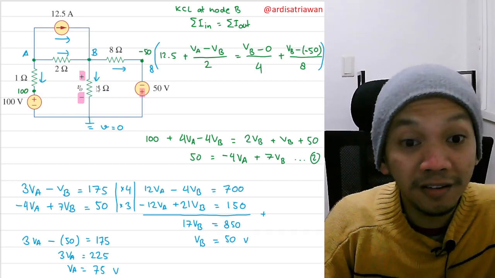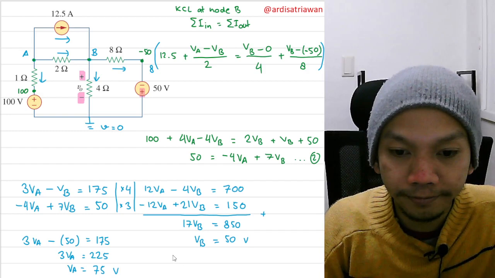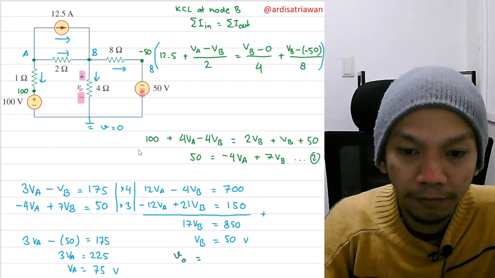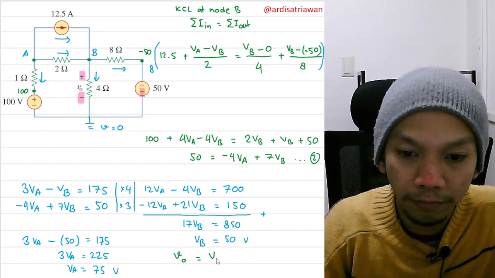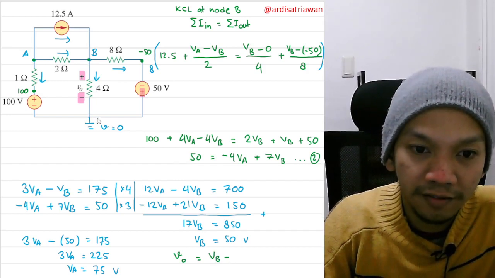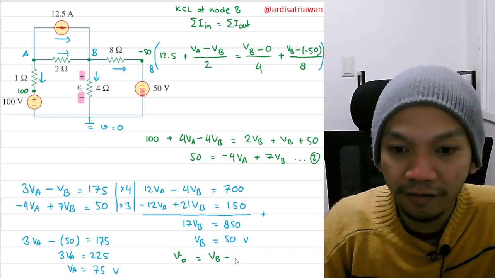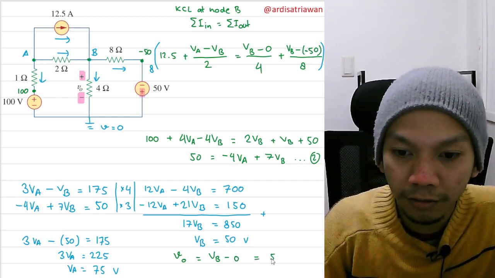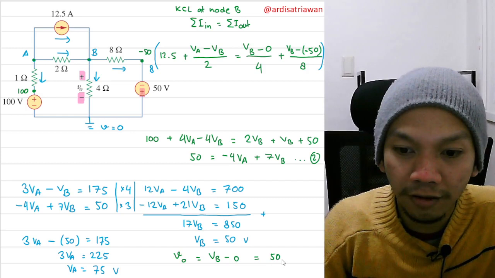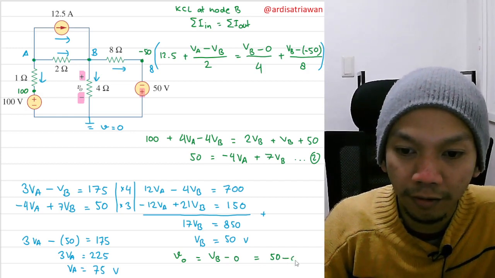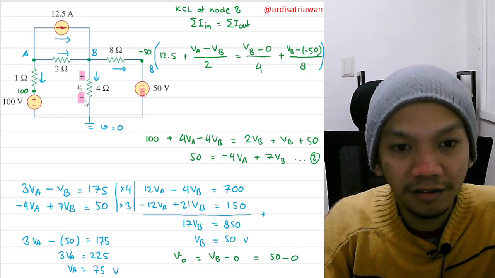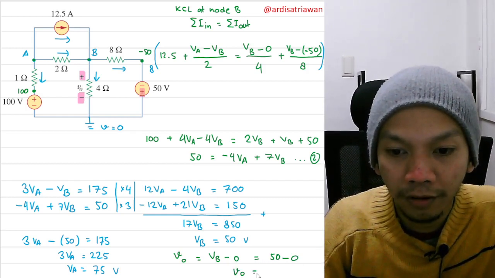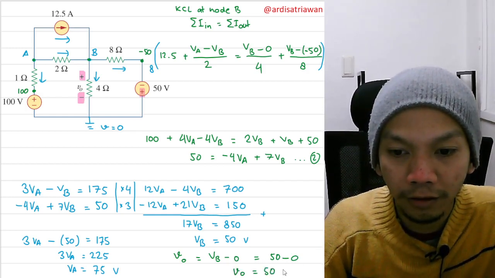So if we are asked about V0, that will be VB minus this voltage here, which is 0. Okay, and VB is 50, and 50 minus 0 is just 50. So the final answer of this question is V0 is equal to 50 volt.